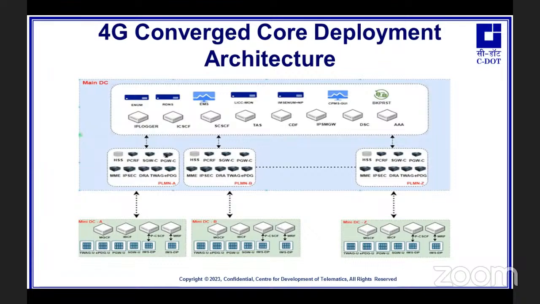I am not going into how many MMEs will be deployed. As we are talking about PLMN based deployment, the MME is common where the PLMN is the same. The tag will be different for different locations. The tag can be the same in Telangana and Andhra Pradesh, but since the geographical location is different, the tag will be different.